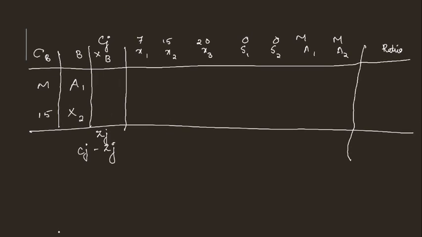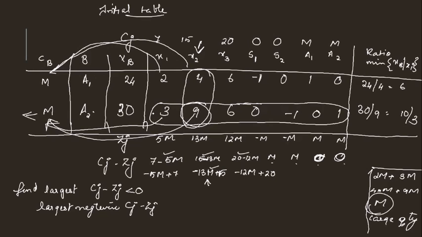So I will have to divide this particular row, including 30, by 9, so that you will get this key element as 1.